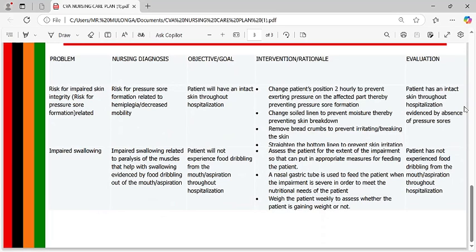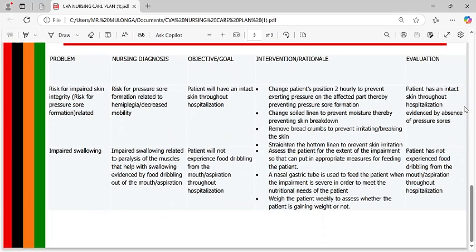We do not want this patient sleeping on a bed that has some form of dirt, like breadcrumbs or food particles, because all those things can cause irritation to the skin. Therefore, as a nurse, you have to make sure that you conduct bed making and remove all the breadcrumbs or any dirt on the bed to prevent irritation.